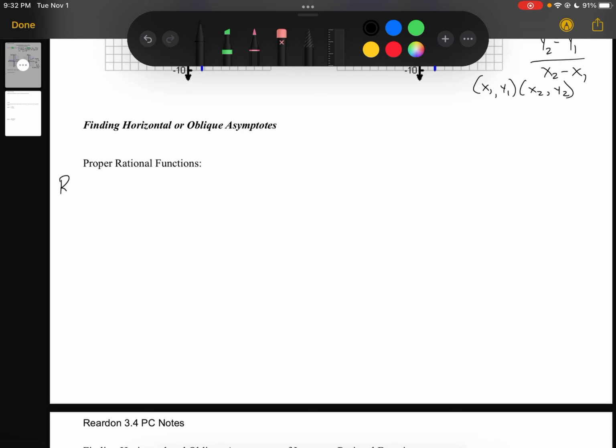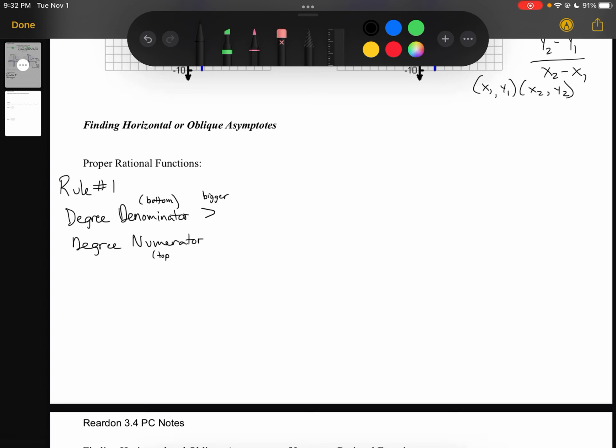So in order to find these, we have a couple of rules. So rule number 1, if the degree of our denominator is greater, or bigger, than the degree of the numerator.